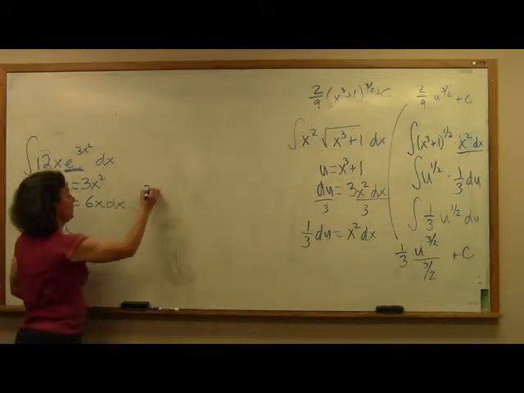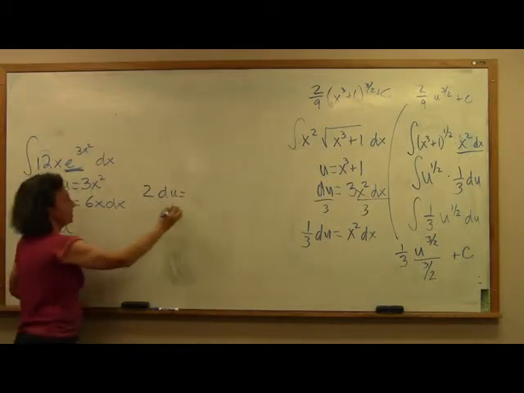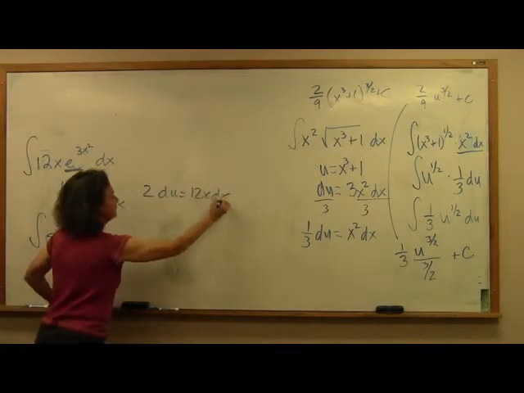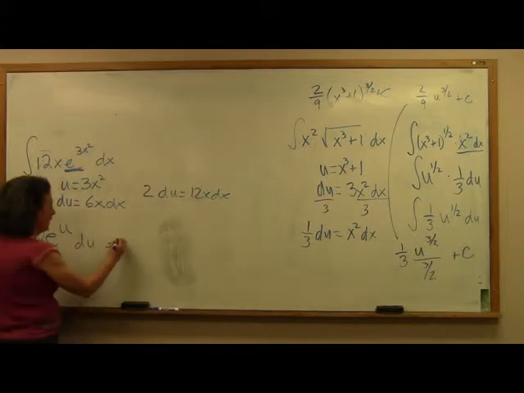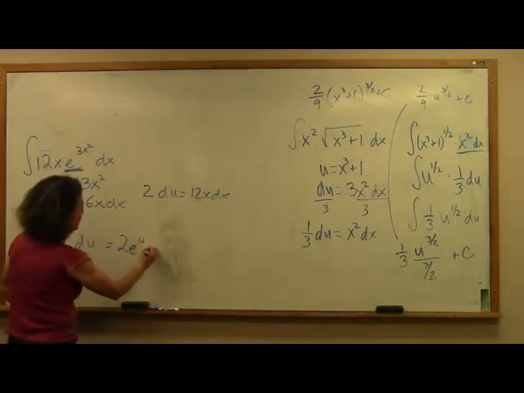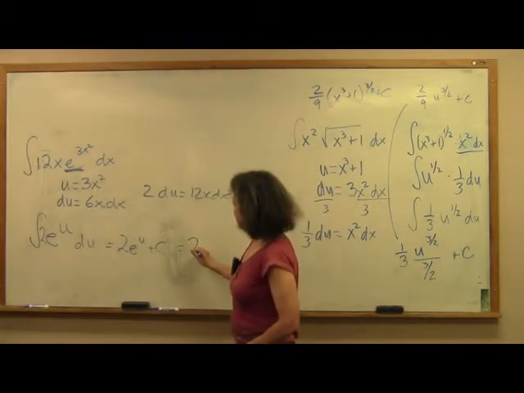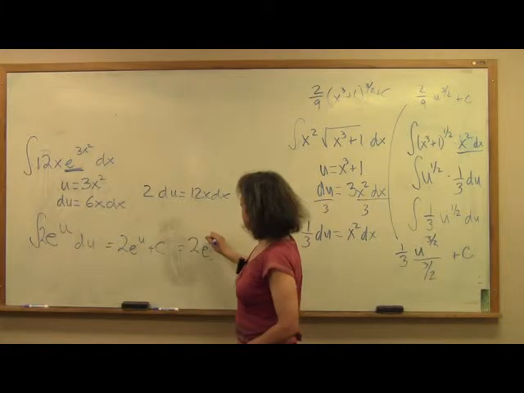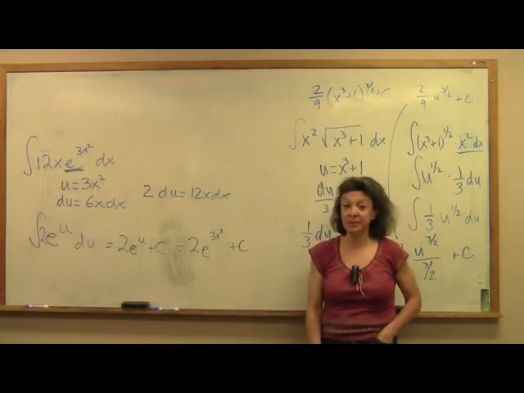Would you all grant me that 2 times du would give me 12x dx? Sure does. So we say times 2 du. Pretty cool, huh? So my antiderivative is 2e to the u plus c. And last but not least, we substitute back in using the variable that we started with.